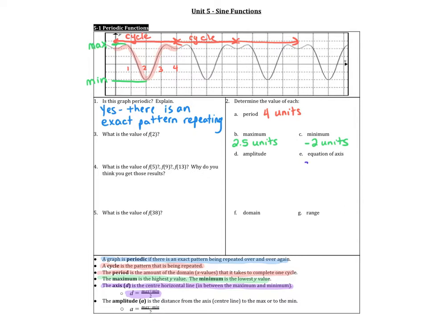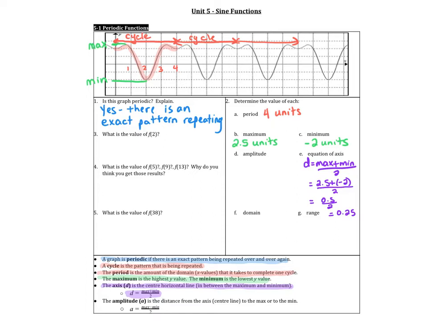So you could say that the D is the maximum plus the minimum divided by 2, and the maximum is 2.5, and the minimum is -2, and we divide that by 2. 2.5 plus -2, so the plus minus makes a negative, so that becomes 0.5 divided by 2, which is 0.25. Now that is the average halfway in between the maximum and the minimum.